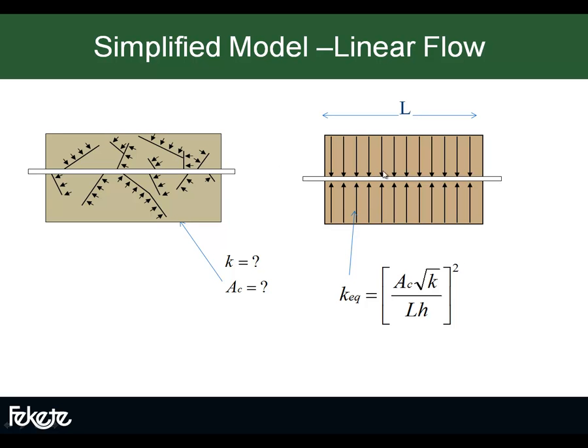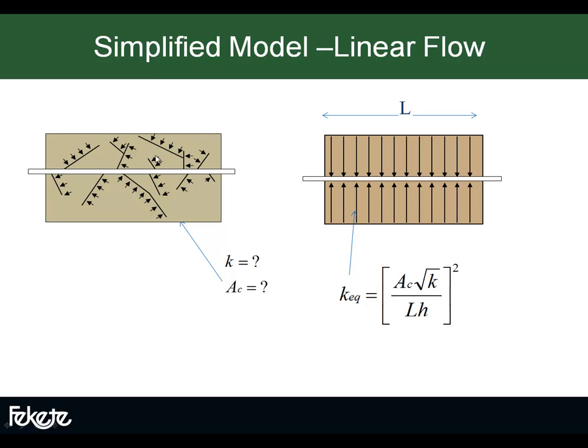Now this works just fine, provided that these fractures are relatively uniformly distributed throughout the stimulated rock volume. If there's significant heterogeneity to how these fractures are distributed, then there'll be a divergence between these two solutions.